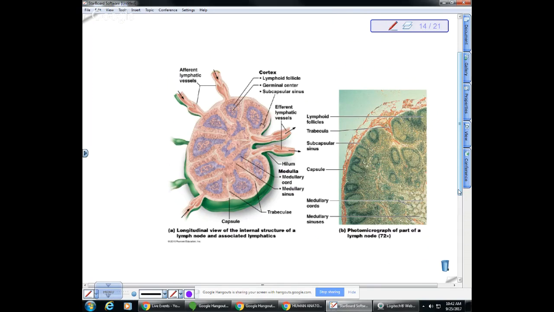So they come in, and then the lymph node itself has reticular connective tissue in it, and it has lots of pockets of white blood cells, leukocytes and lymphocytes and macrophages and all kinds of blood cells that are going to detect infection. And then it flows out, right? So it can flow out and then back into another vessel before it eventually gets into the circulation up near the neck.